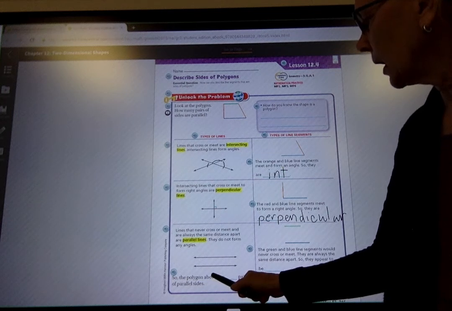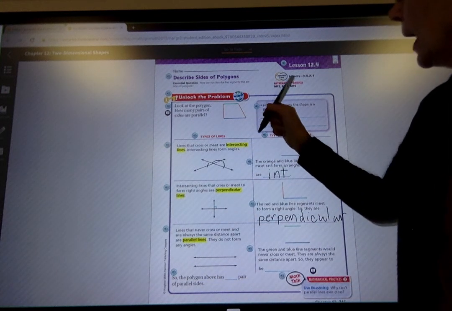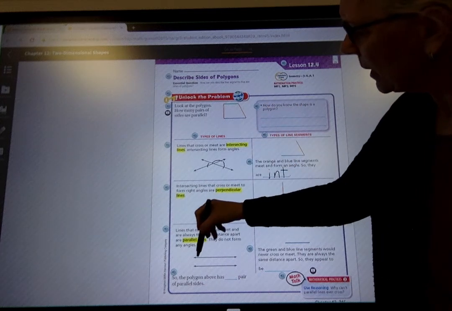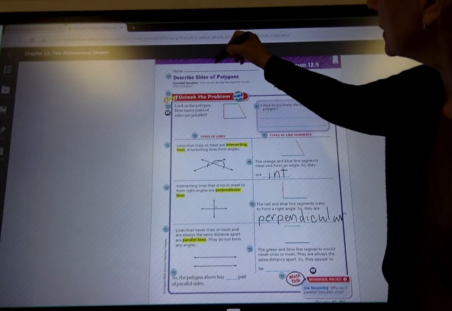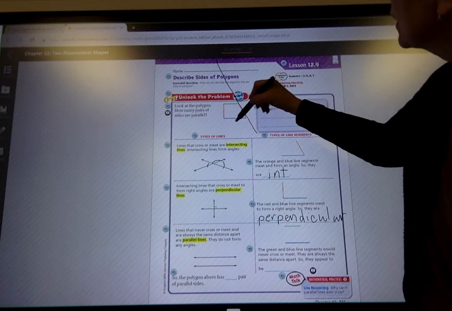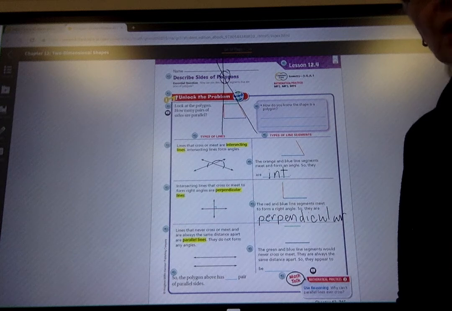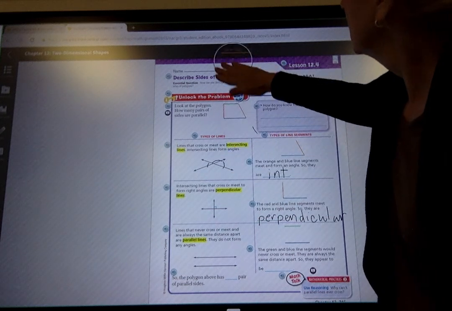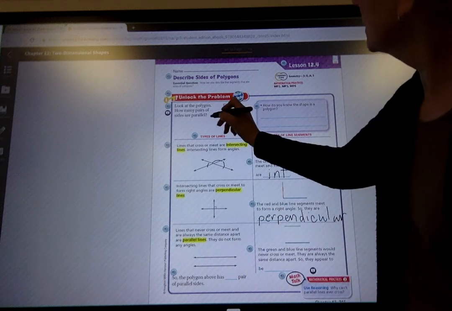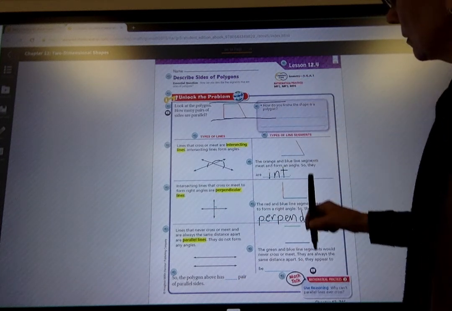So the polygon above has how many parallel lines? Well, let's see. If this line continues and this line continues, eventually they're going to cross. They cannot be parallel. How about if this line continues and this line continues?